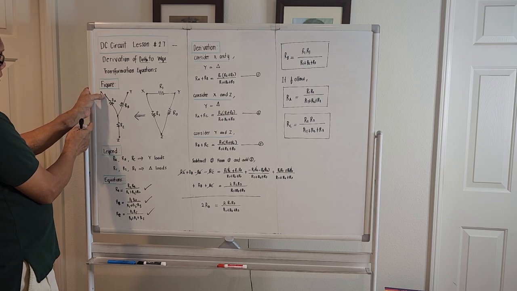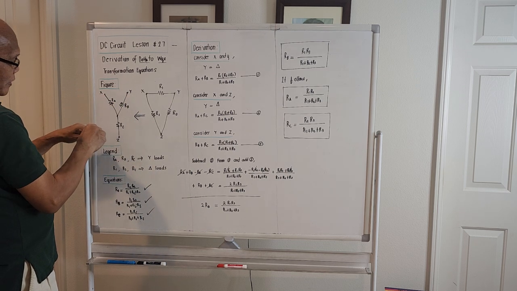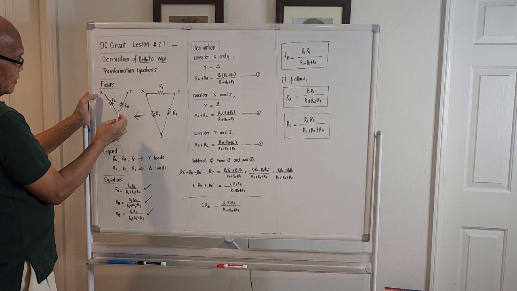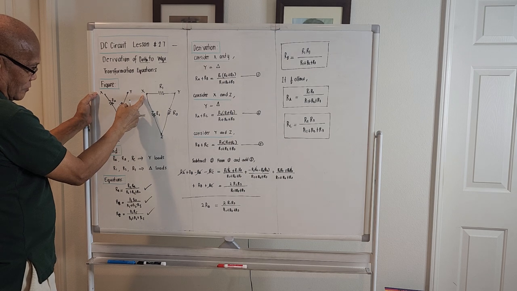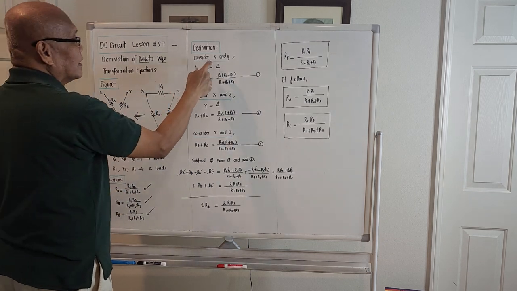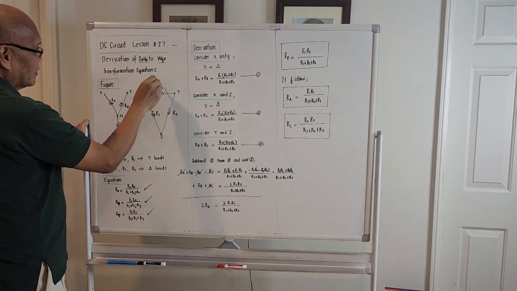This will be point X, point Y, and point Z, and this should be the neutral. And again, if we take the delta equivalent, this is still point X, Y, and this is Z. Consider X and Y, meaning consider this X and Y here.